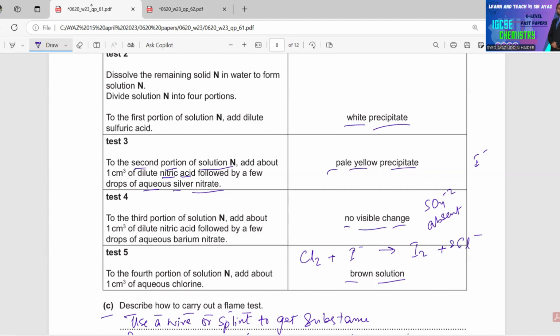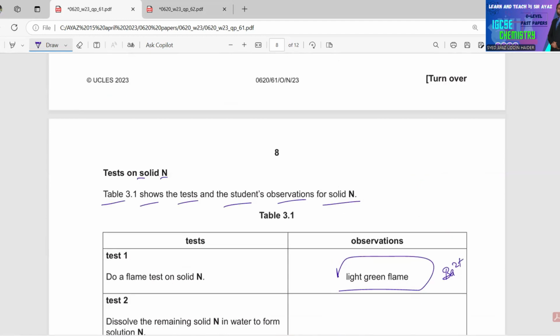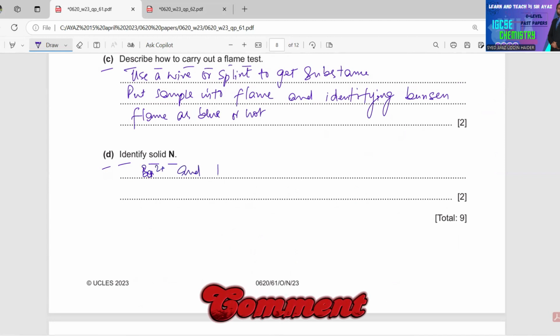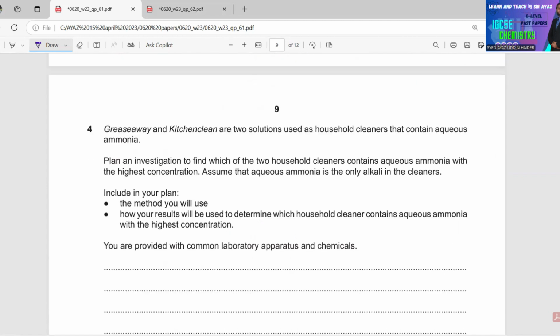Let's balance the equation. The iodine is indicated by this brown color. It gives a brown solution. So it means iodide ion must be there beside Ba2+ ion. So to identify solid N, you will simply write Ba2+ and I-. That's it.